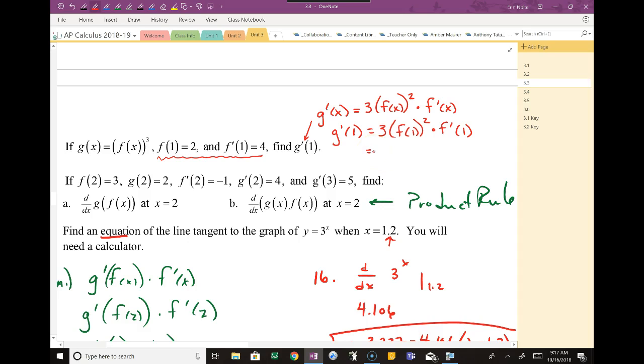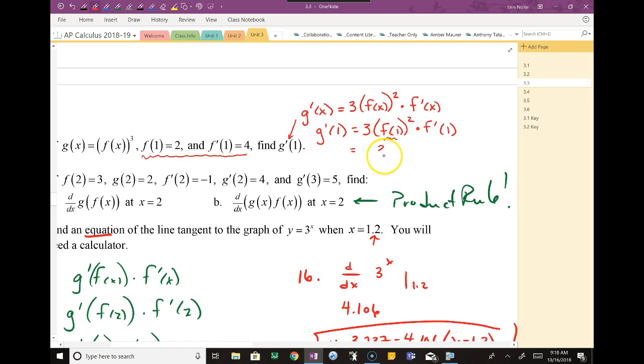The piece I see in the innermost parentheses is f of 1. Do you guys see what I'm looking at? So f of 1, looking right here. What is f of 1? 2. So I'm going to replace that with 2. Then I have times the derivative of f at 1.